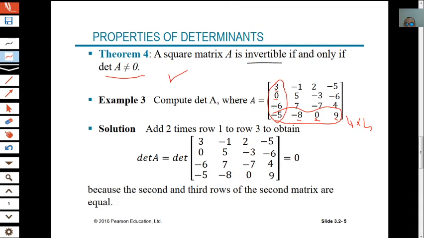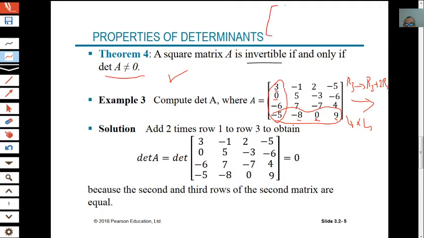to get 0 for -6, we apply the row operation, which is the first one. R3 is replaced by R3 plus 2R1.